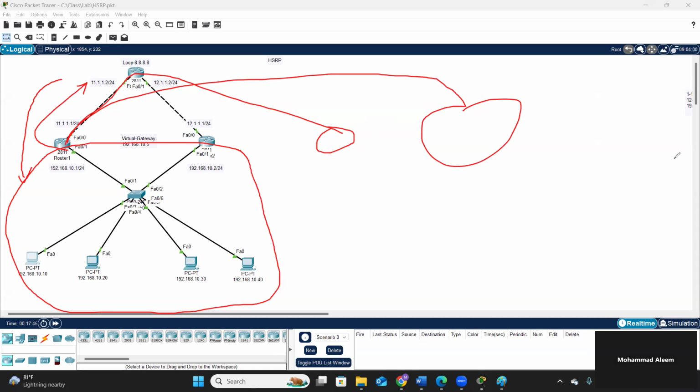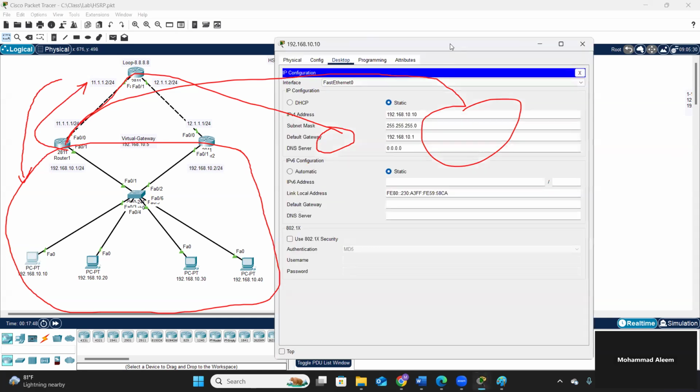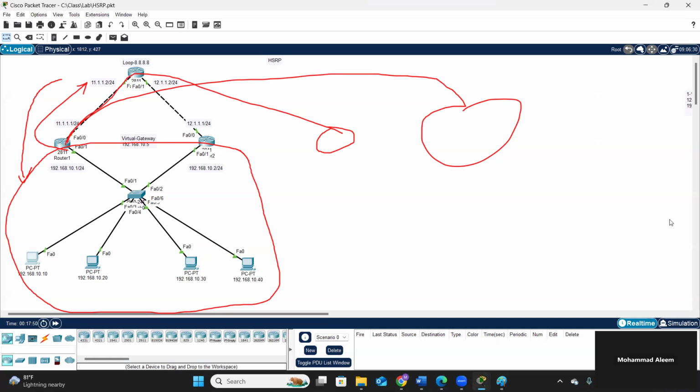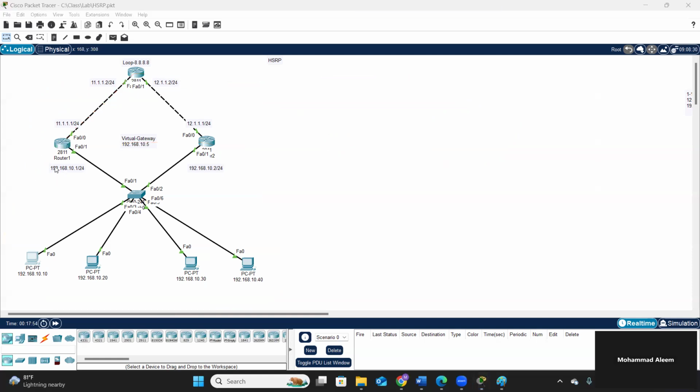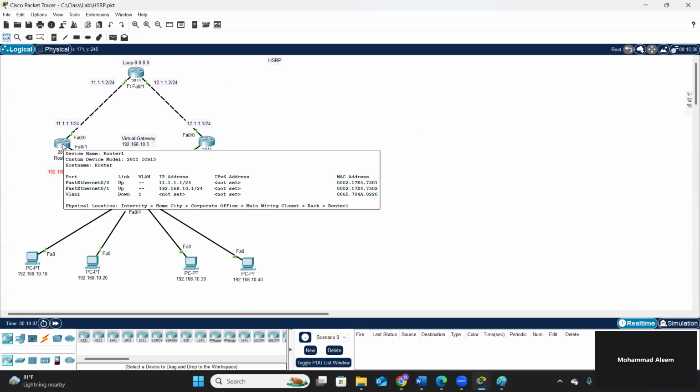Fine. Now, what is the role of the virtual gateway? If you are configuring a gateway, here we have a physical interface, and we must give every physical interface an IP address. You can check here FastEthernet 0/1 has an IP address as the gateway for the LAN networks, the network I configured yesterday, 192.168.10.1.